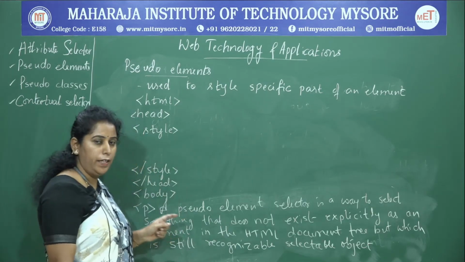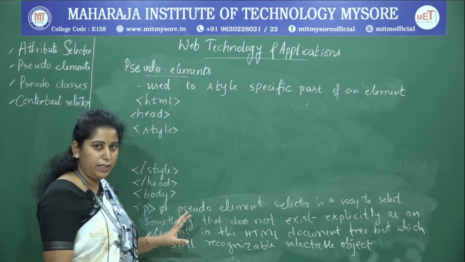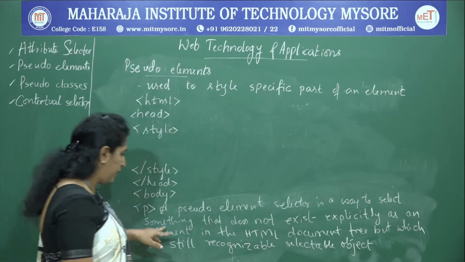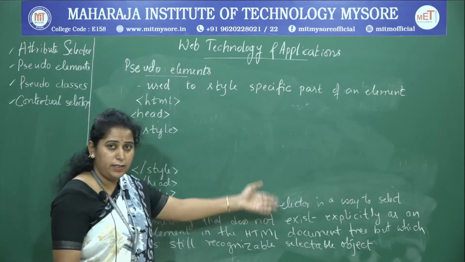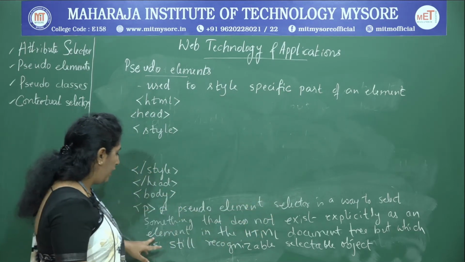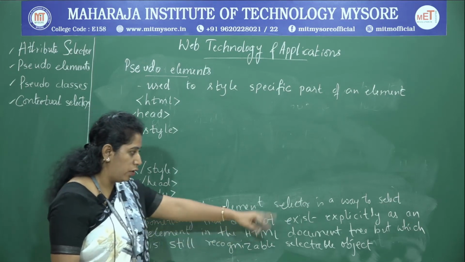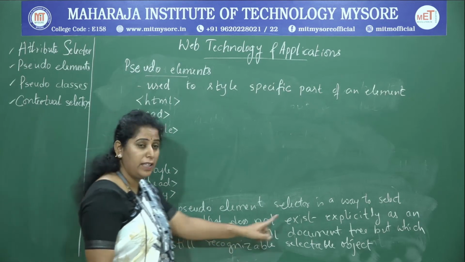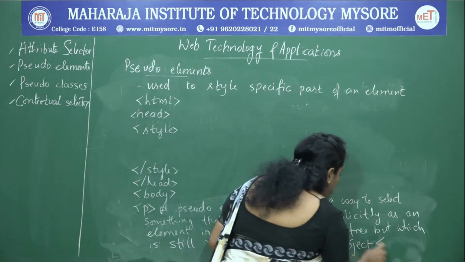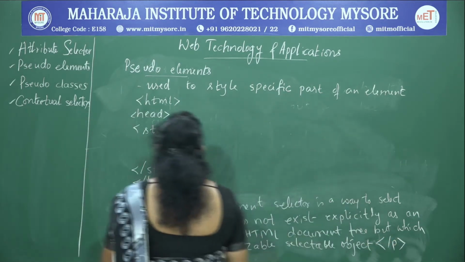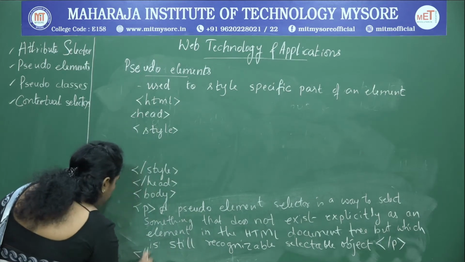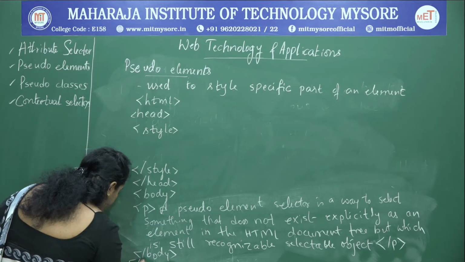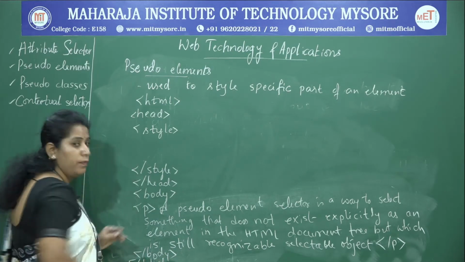So I have taken one paragraph as an example. A pseudo element selector is a way to select something that does not exist explicitly as an element in the HTML document tree, but which is still a recognizable selectable object. So now I will close the paragraph and also close body, then close the root, that is HTML.